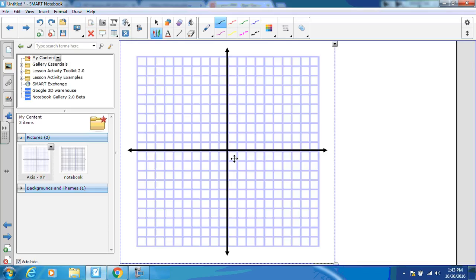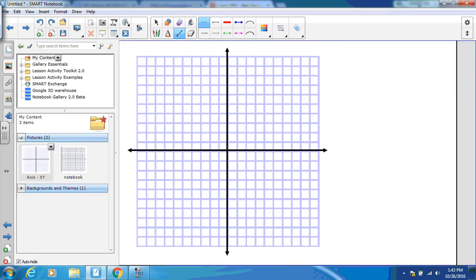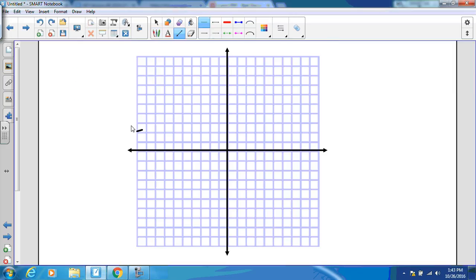Do you have the graph in front of you? Yeah. So what we have here is a graph that looks like so. There. And then it comes around like so.